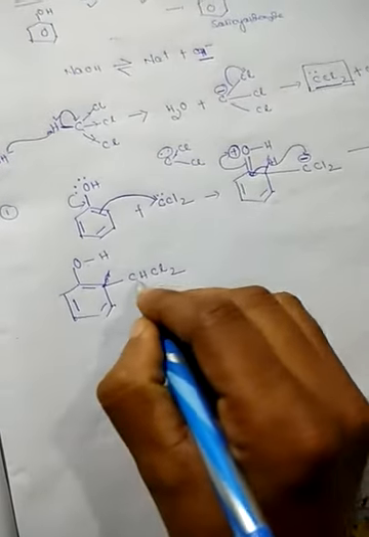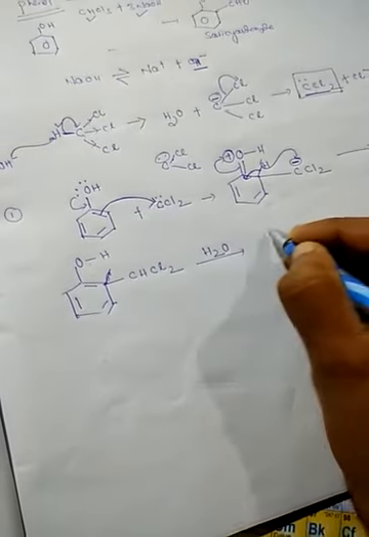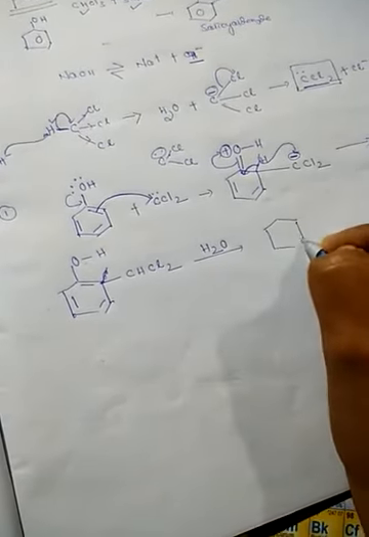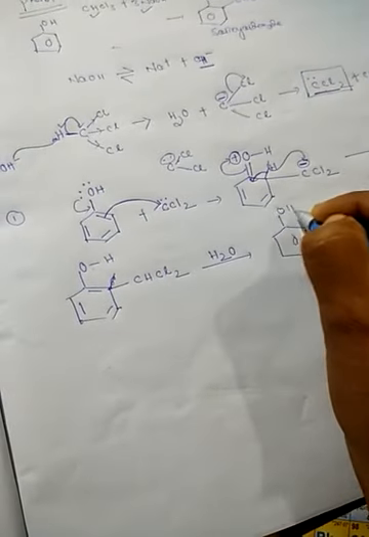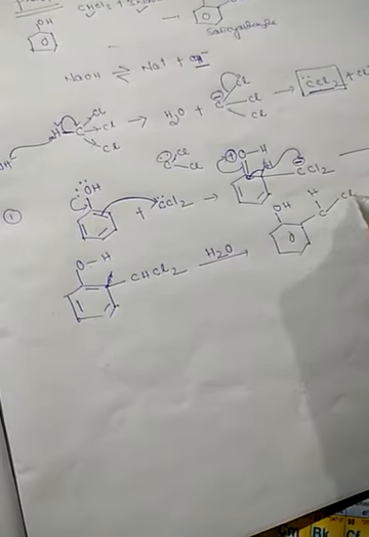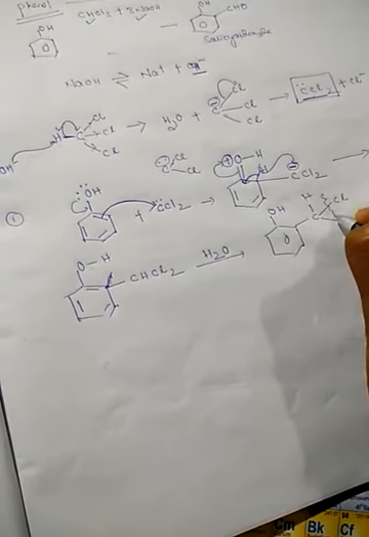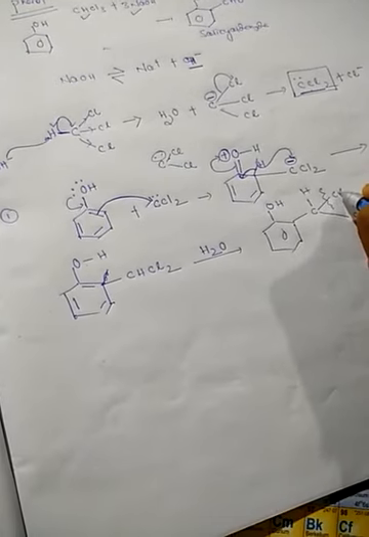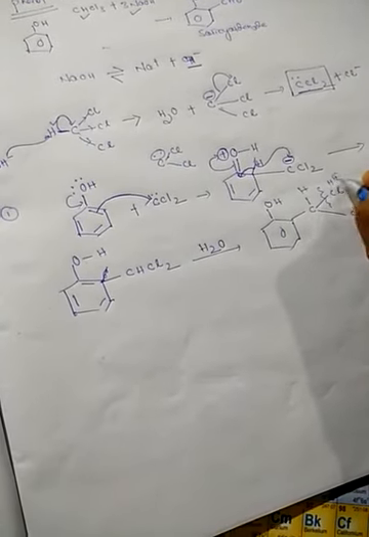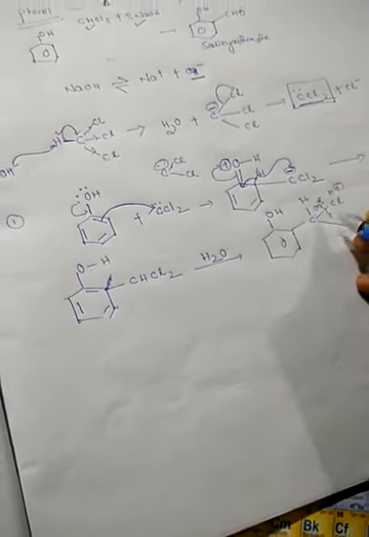When this compound undergoes hydrolysis, then this part of the compound, like CH, Cl and Cl, whenever it goes hydrolysis, this negative part will attach with H+, and this partially positive charge attaches with hydroxide.